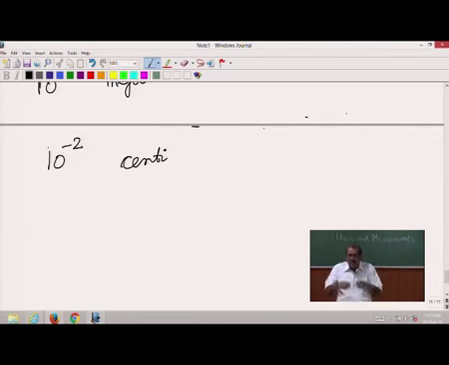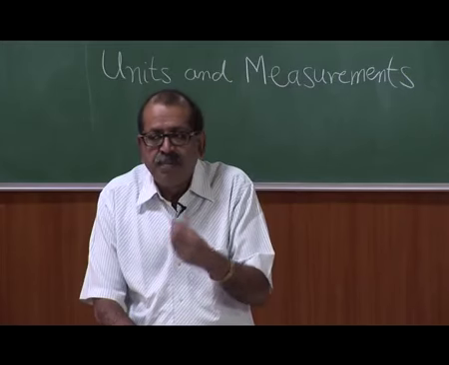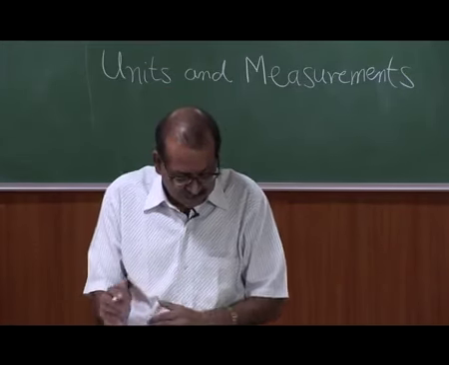We know 1 centimeter is 1/100th of a meter, or 100 centimeters make 1 meter. So, the commonly used prefix, when we divide by a factor of 100, is centi. Similarly, when we divide by a factor of 1000, then we have a prefix which is called milli, and this also we are familiar with from millimeter and milligram.